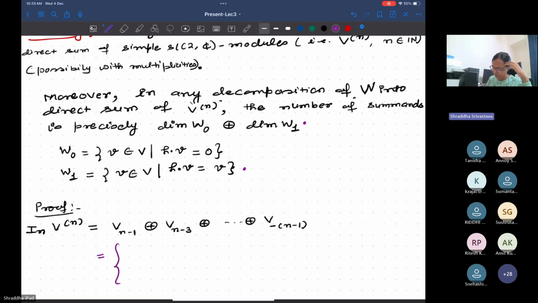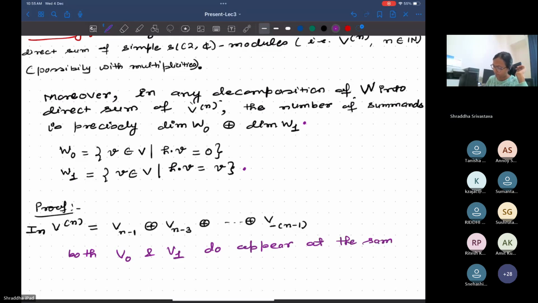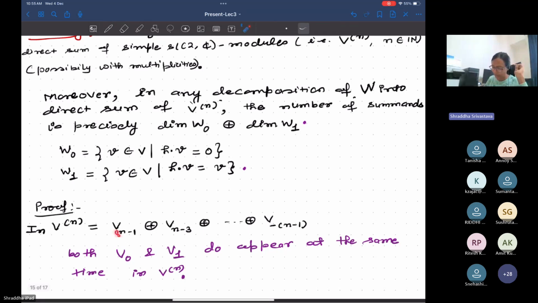Both V0 and V1 do not appear at the same time in Vn. Because, depending on your n, if your n is odd, then n minus 1 will be even, n minus 3 will also be even.